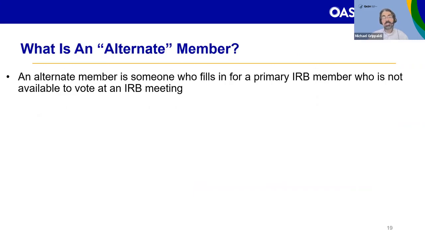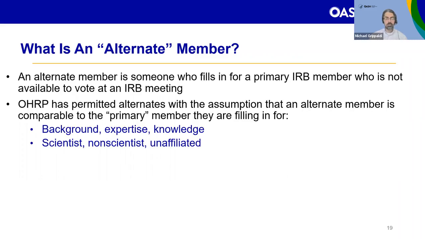So the regulations do not mention alternates. So of course they are not defined in the regulation, but OHRP has allowed institutions to identify an alternate member for a specific primary member. And the alternate member fills in for the primary member who is unable to vote at a meeting. So the alternate is not just anyone that can serve on the IRB, but he or she closely mirrors the primary member with respect to their expertise, their experience, their background, their knowledge, their professional competence, things like this.